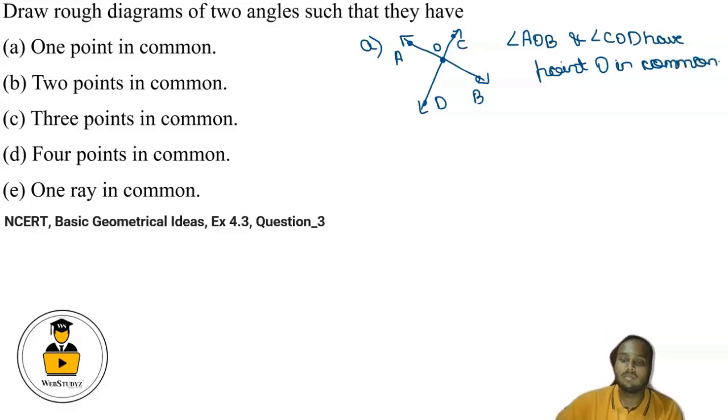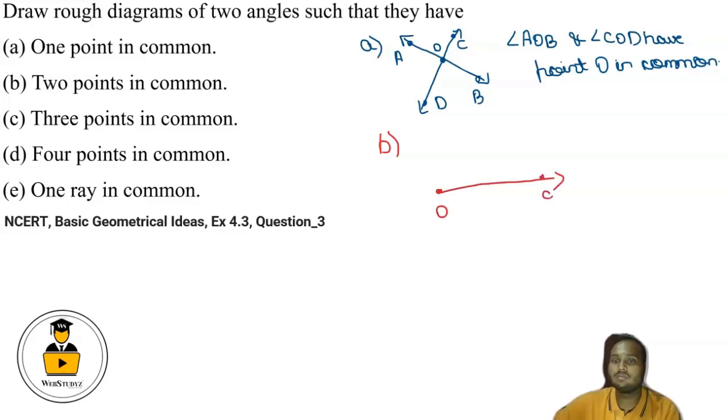Fine. Similarly, for the second type, for the second question, 2 points in common it is given. Fine. So we can draw like this. Let us name this point as O. Fine. This BC, one more line like this, BB, and one more like this. Let us write this as A. Fine.